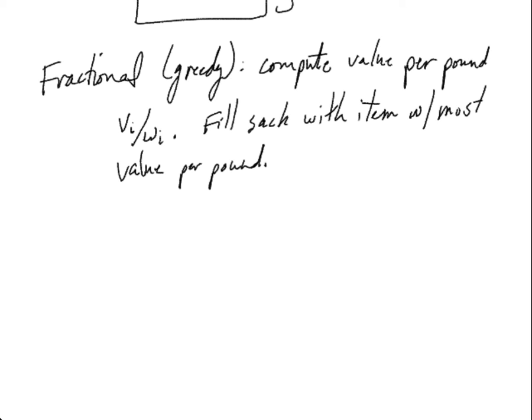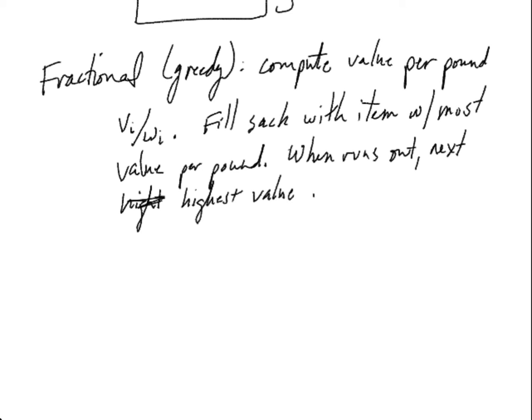And when that runs out, we go to the next item of next value. Okay, so that's the fractional, and then we have the 0-1, and this is going to be solved with dynamic programming.